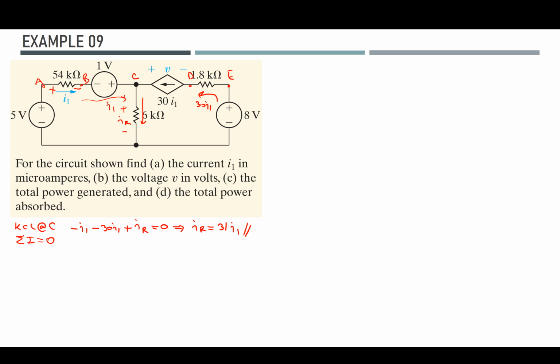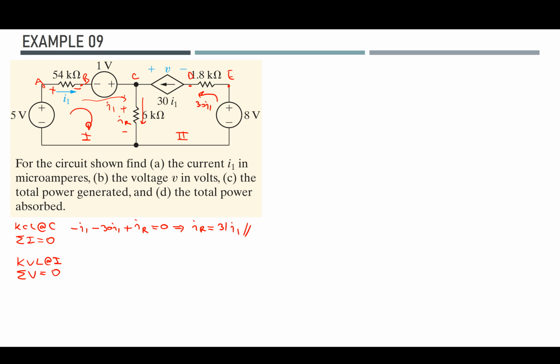Now there are two meshes, as you can see in the circuit, and I can also write down a KVL around the first loop. So the total voltage drop should be 0.